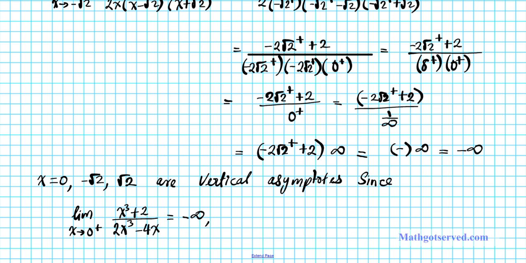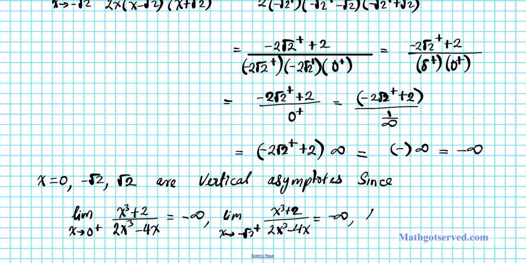All right, and we also found out that the limit as x approaches negative root 2 from the right of the function 2x to the third minus 4x was negative infinity.